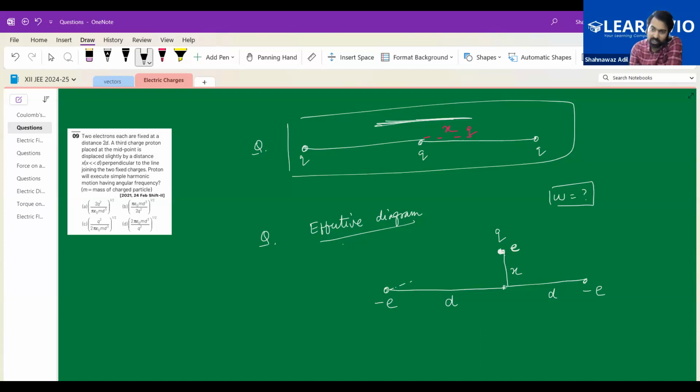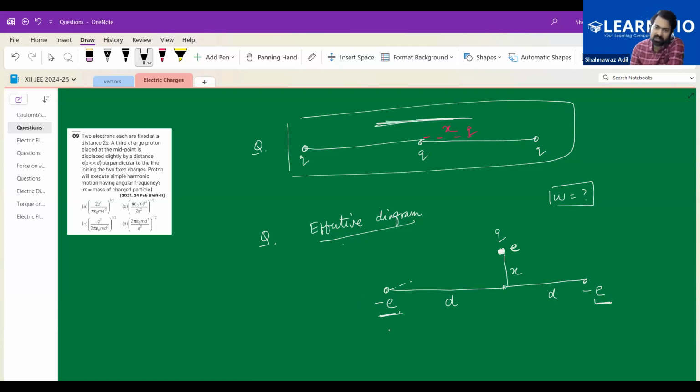So for this proton, if I calculate the force experienced by it, how many contributions would be there? There are two charges, right? These two electrons. One would be due to this one, the other due to that one. So this looks like a dipole, right?